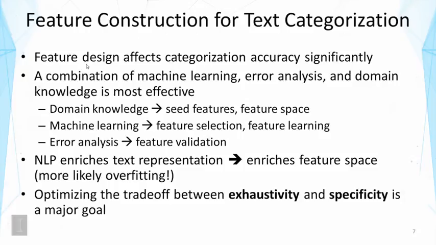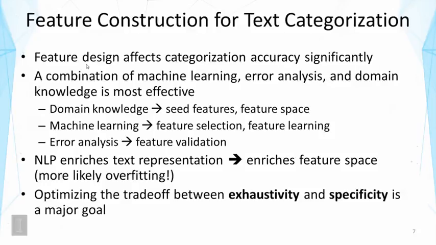In general, I think it would be most effective if you can combine machine learning, error analysis, and domain knowledge in designing features. So first, you want to use domain knowledge, your understanding of the problem, to design seed features. And you can also define a basic feature space with a lot of possible features for the machine learning program to work on.